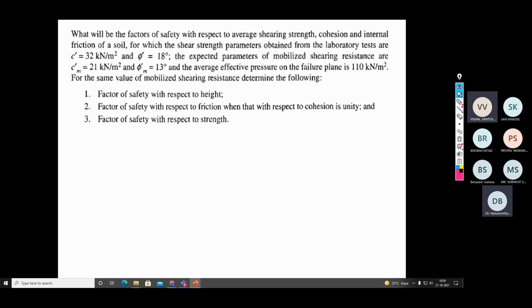Sir, give us 5 minutes. We can do it, because you know the mobilized shear strength and ultimate shear strength. So corresponding to this strength, what could be the possible height if you take the factor of safety with respect to either height with respect to cohesion or height with respect to the friction?